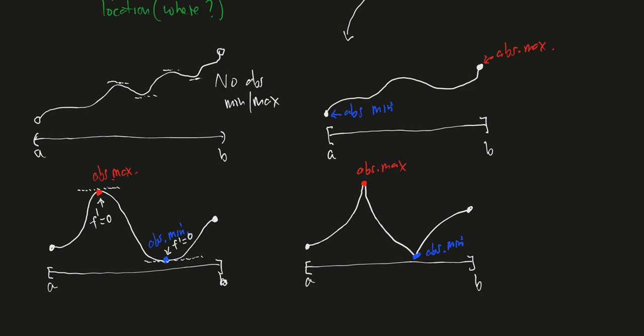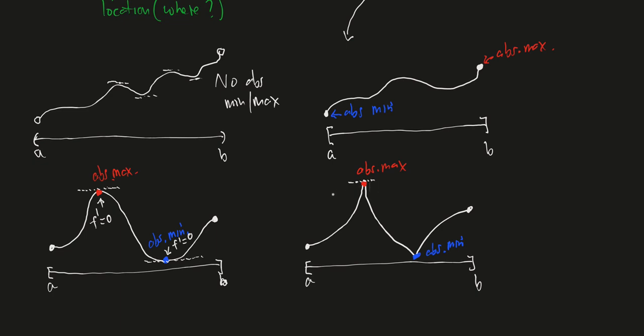But the whole idea is when you're talking about a continuous function on a closed interval, you have to have some highest point and some lowest point. And they will occur either at endpoints, like here, or at stationary values inside the interval, like here, or finally, the singular values where the derivative doesn't exist.